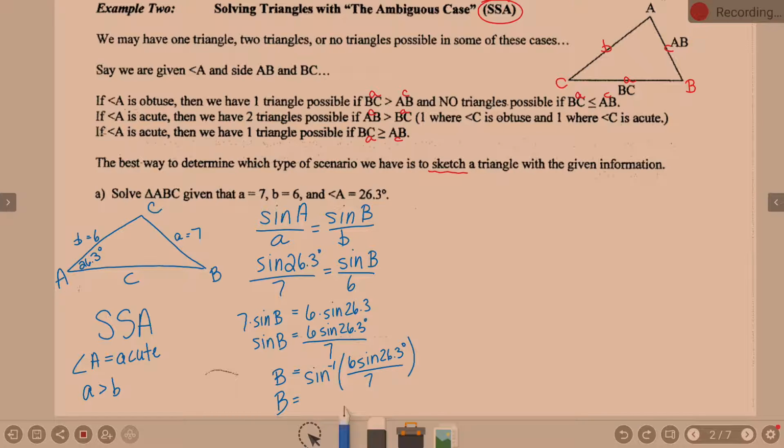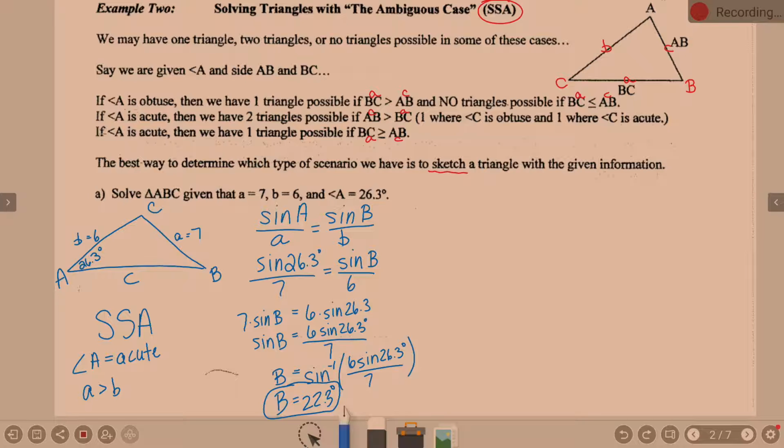If I go to 1 decimal place, that is 22.3 degrees. Did you get your calculator to cooperate? Okay, so that's the other type of solving you're going to do when you actually have to put them into the calculators and solve them.